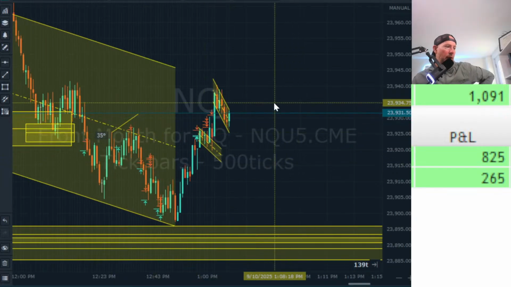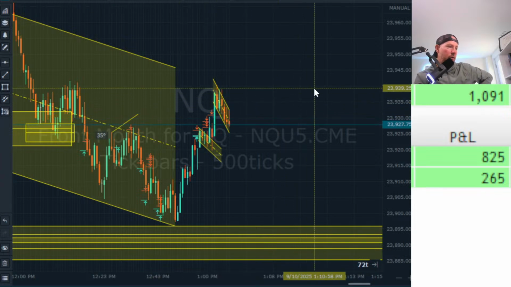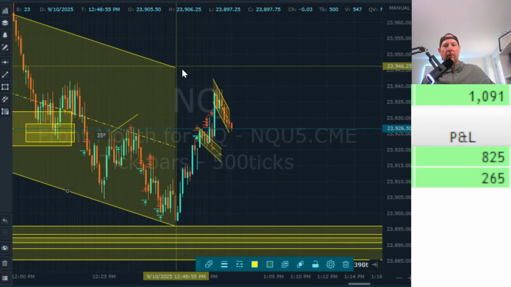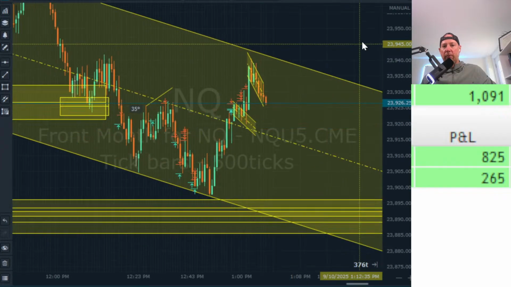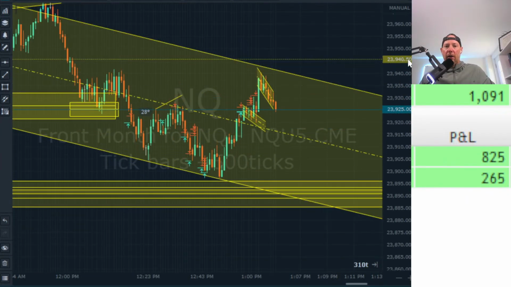I've been in that trade for a while now. I'm positive on the trade, but overall in the account I'm negative because I took some losses on the way down. So I'm going to try to see if I can recoup some of those losses in this trade. I'm long, but let's take a look. So we hit the top of this trend line, so maybe I have to work on that.